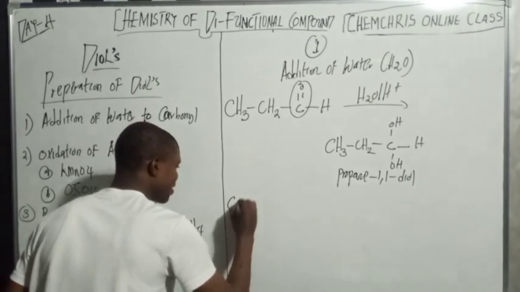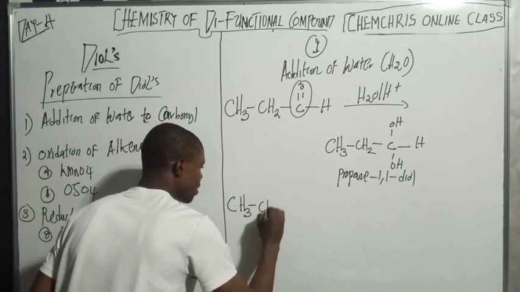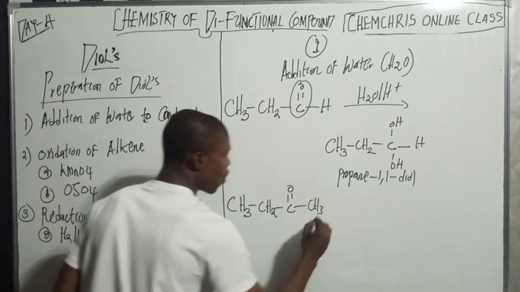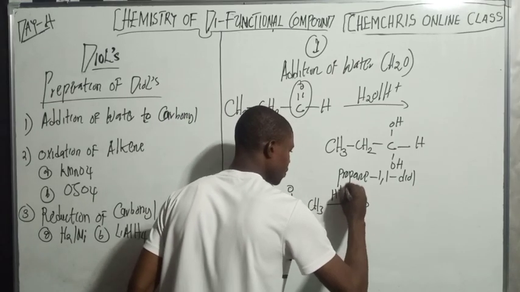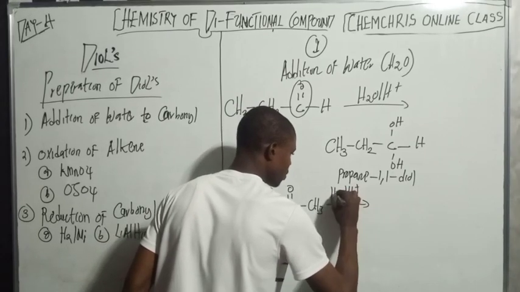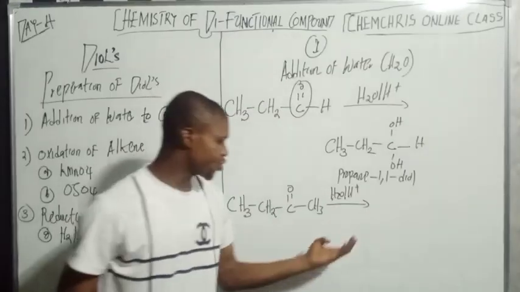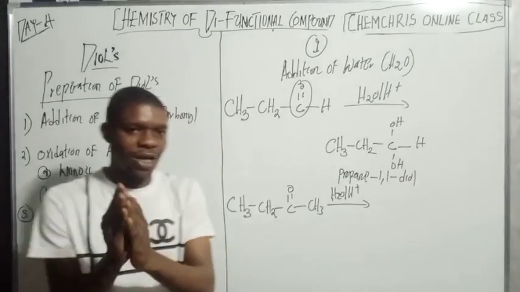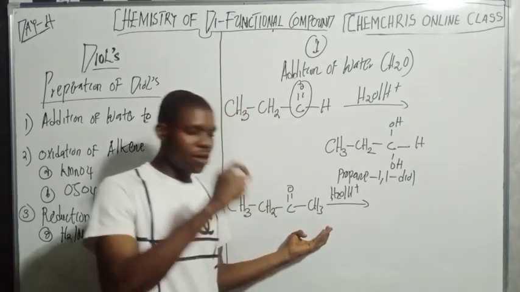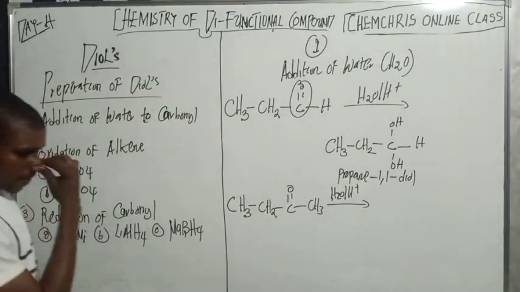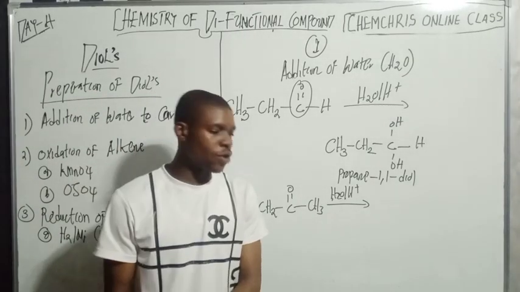What if you have something like CH3, CH2, C double bond O, CH3? What will be the product with H2O, H plus? Please pause the video and go ahead and try it for me. I want to see what you can do. It's very important. Okay, I believe you have done it right.